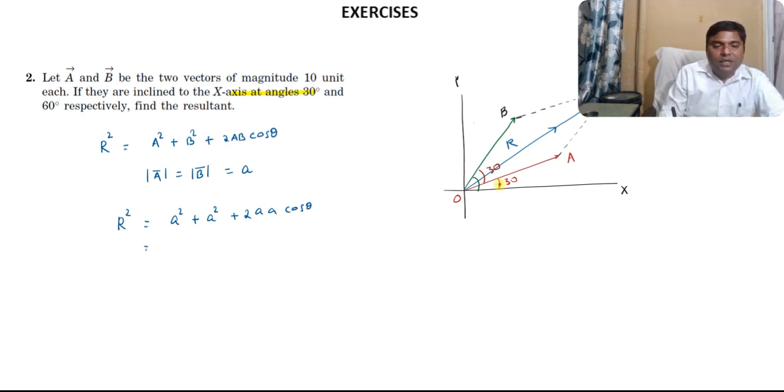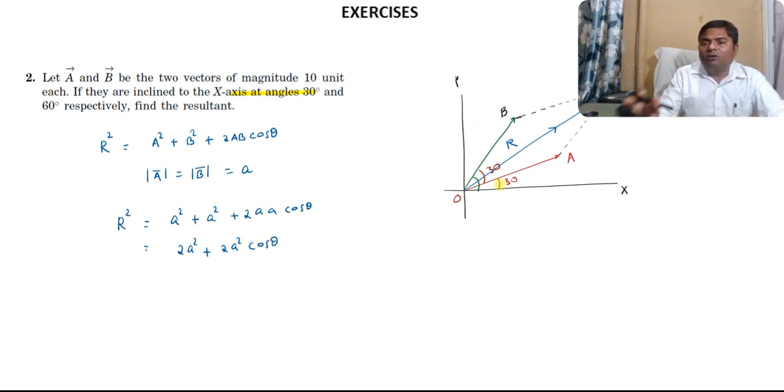So we can write 2a square plus 2a square cos theta. First of all, we find the resultant in standard form. This is equal to 2a square taken as common, so we have 1 plus cos theta.